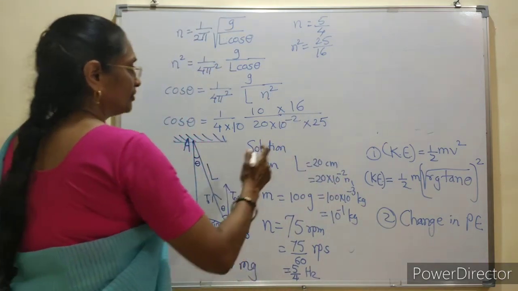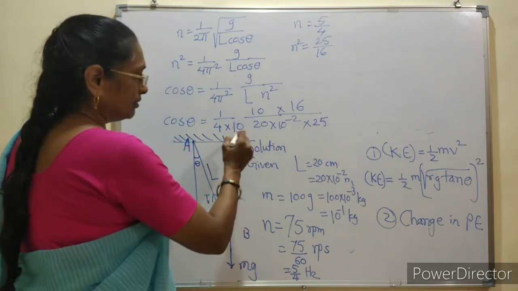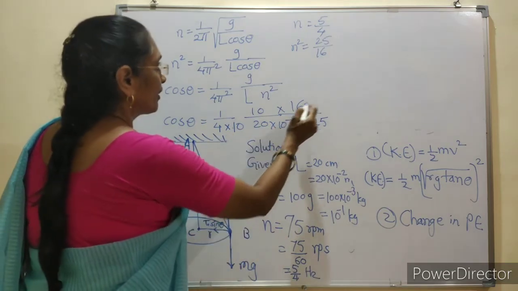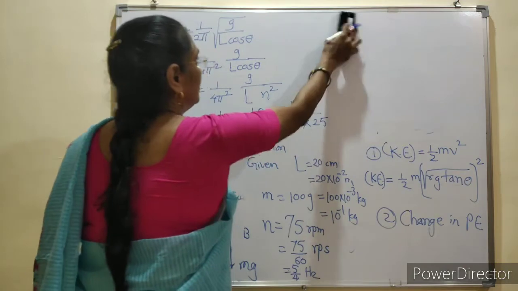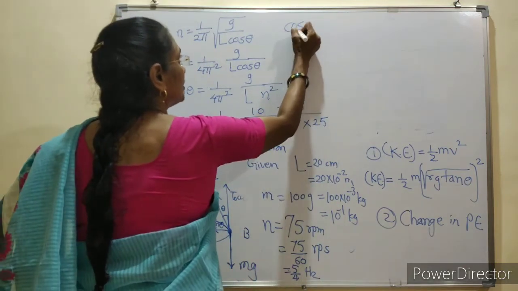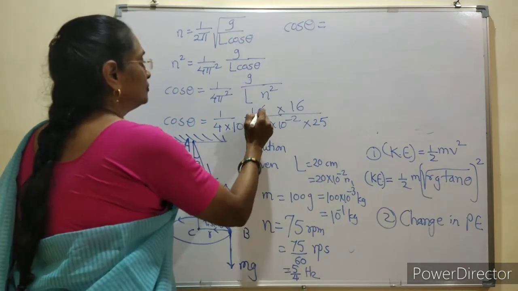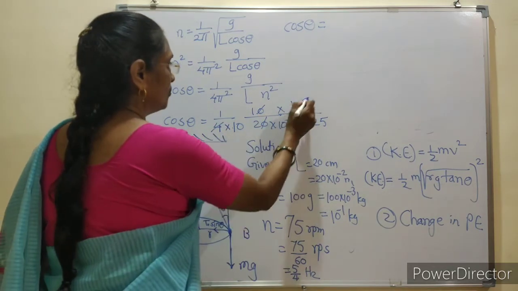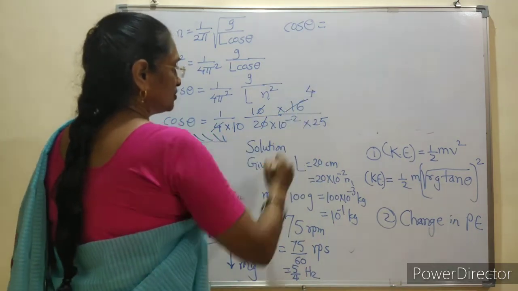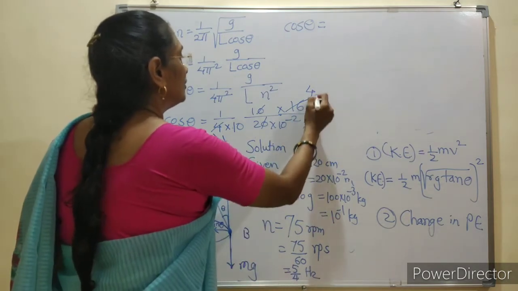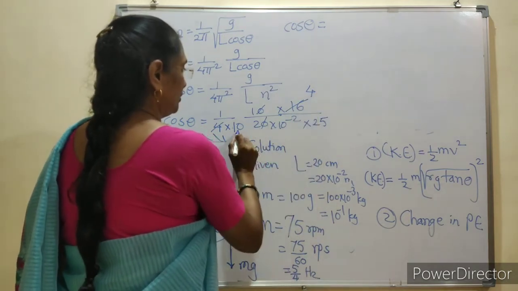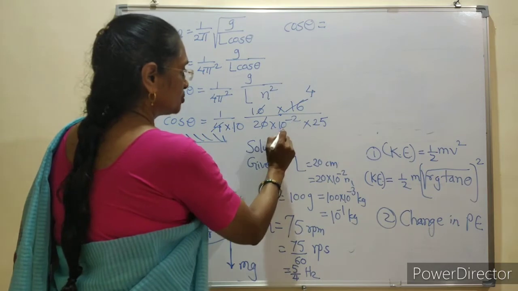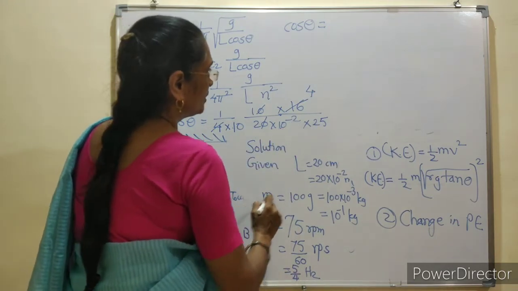So cos theta can be calculated in this way. The zero gets cancelled. 4 into 4 is 16. 4 upon 25, but 10 into 10 to the minus 2 becomes 10 to the minus 1.